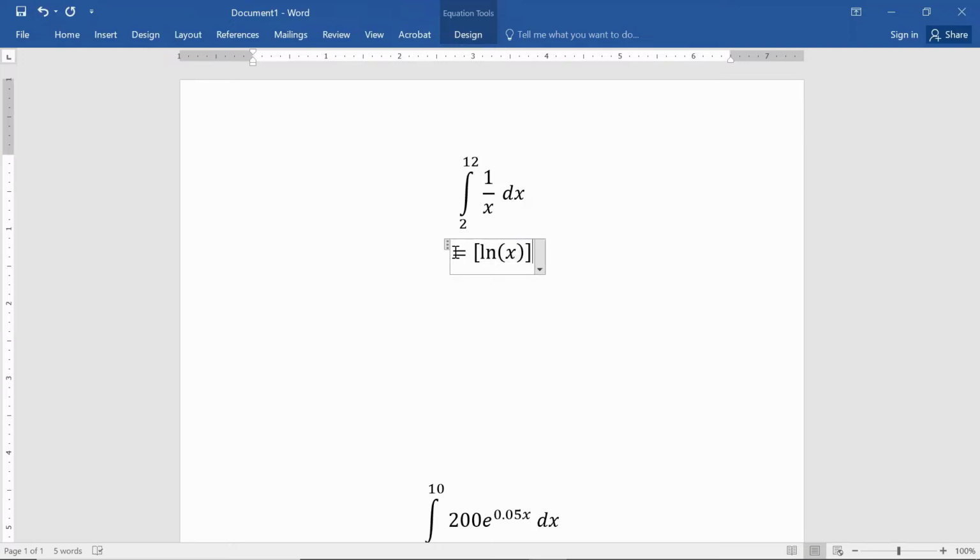We'll use a constant of 0 just because that's the easiest. We're going to be integrating from 2 up to 12. That means what I'd have to do is take natural log of 12 and then subtract the natural log of 2.